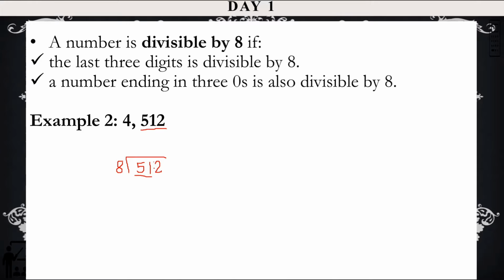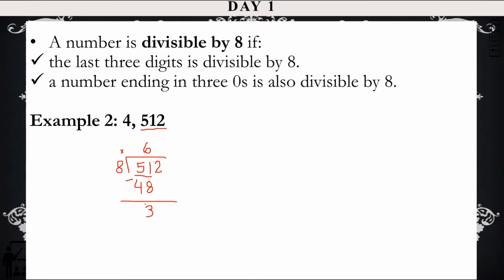Now it can be divided. 51 divided by 8. We have 6 eights in 51, and 6 times 8 is equal to 48. After that, let's proceed to subtraction. 51 minus 48 is equal to 3. Then proceed again to division. Can 3 be divided by 8?